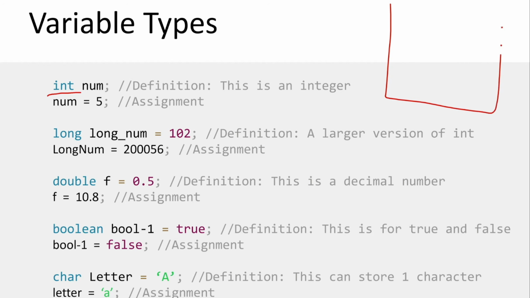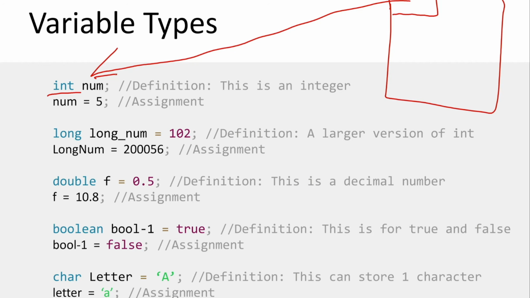So, whenever your computer is going through your code and it sees that you define a variable, it allocates a certain amount of space for it. So, let's say that this little bit is for int num. And so, the integer has to fit inside of that.